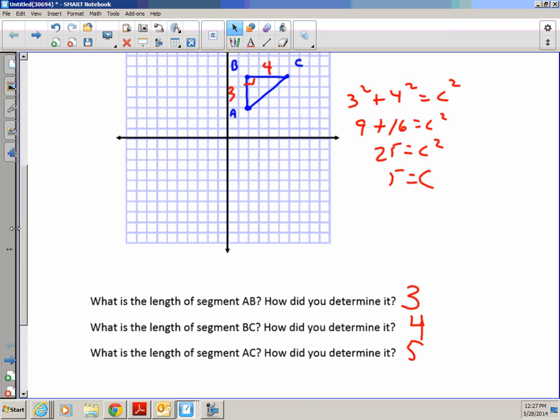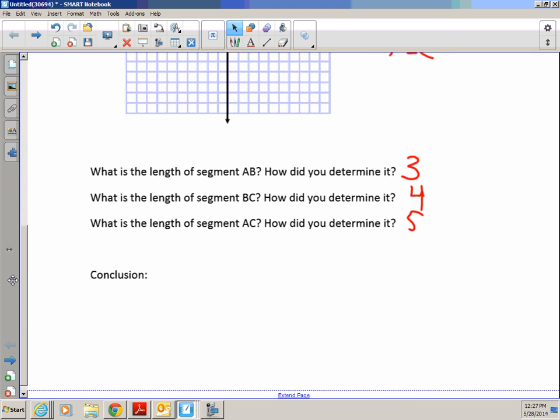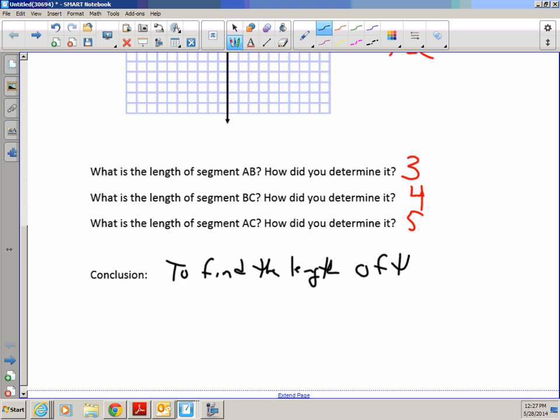So, how do we do this? To find the length of the diagonal, you need to use the Pythagorean theorem.